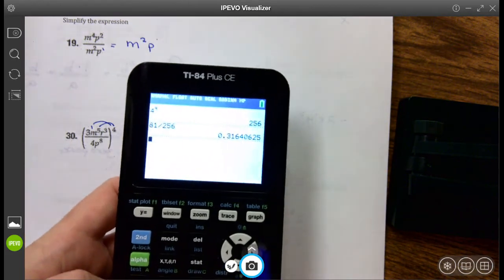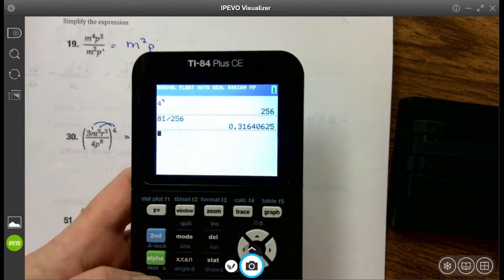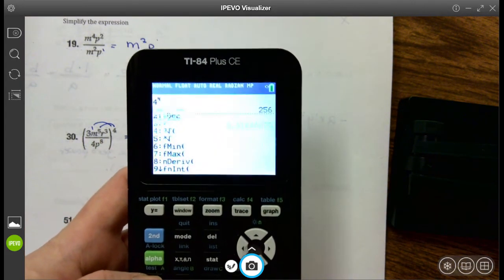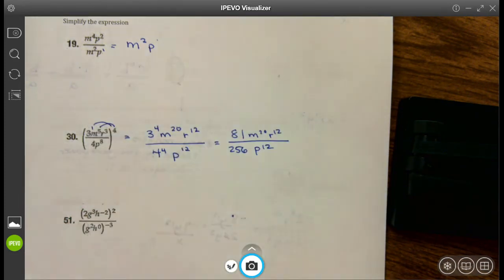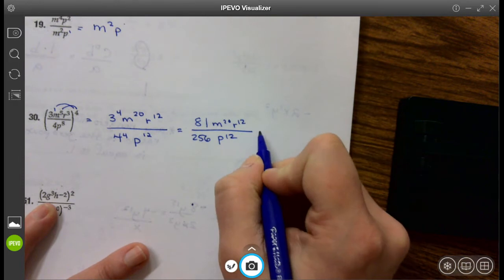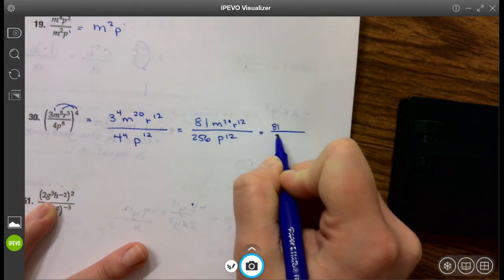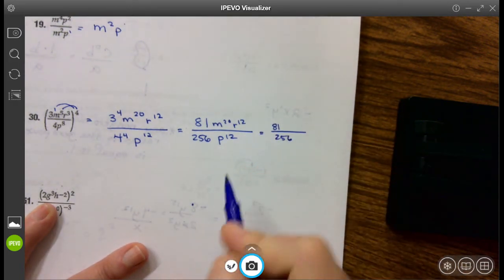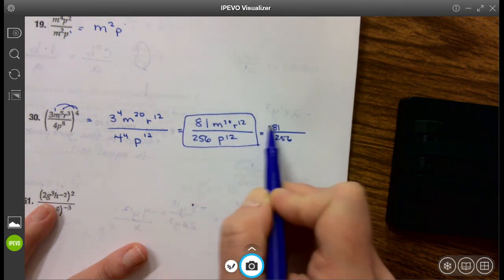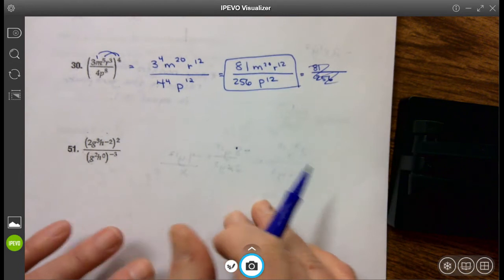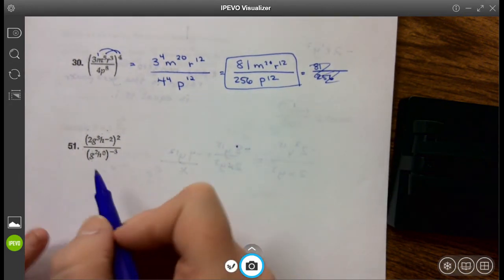I don't feel like reducing it, so I'm just going to hit, okay, what is it as a fraction? Math, fraction, enter. Okay, that's as low as it can go. Okay, there's nothing that can be reduced. So it's going to stay 81 over 256. There's no other m's. Oh, we could have just left it like this. Can't be reduced.